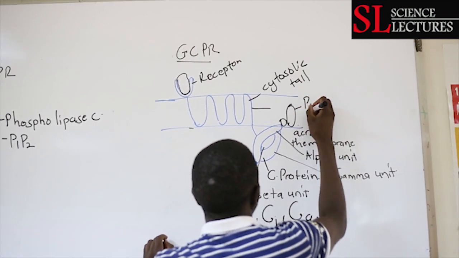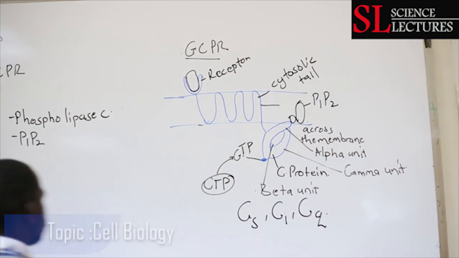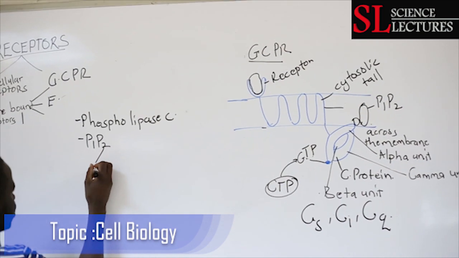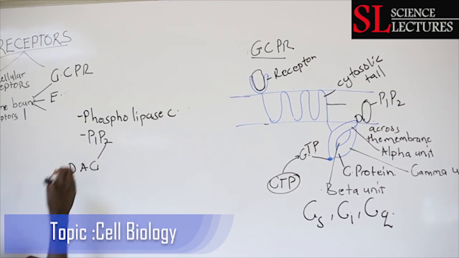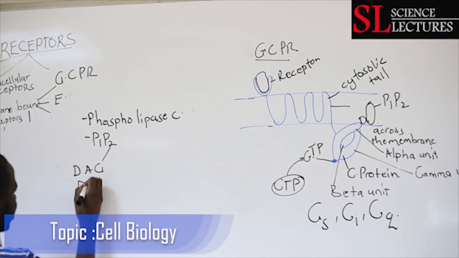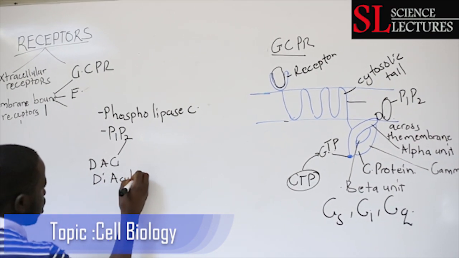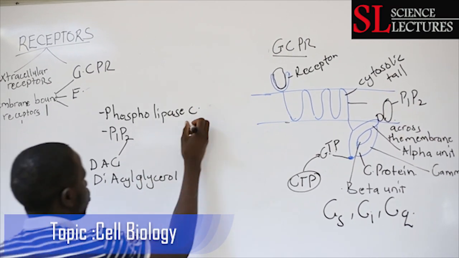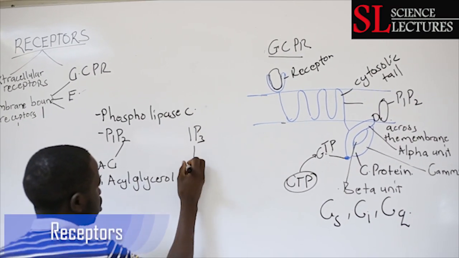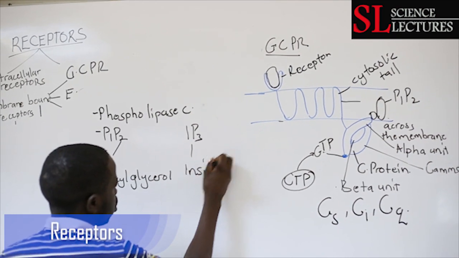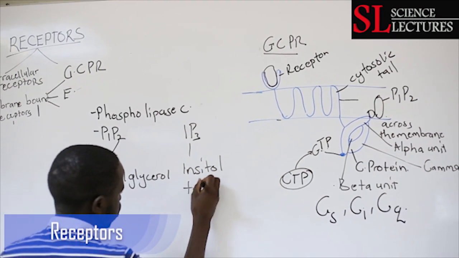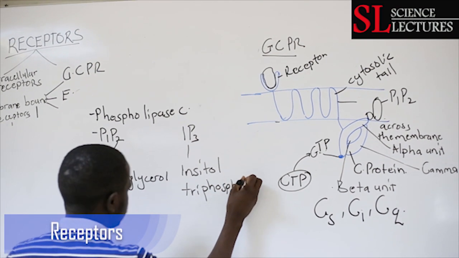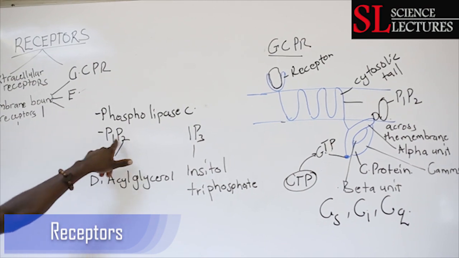So this PIP2 shall be cleaved into two important molecules. Number one is DAG, which is diacyl glycerol. Then number two, we shall form IP3, which is inositol triphosphate. This was phosphatidyl inositol biphosphate.